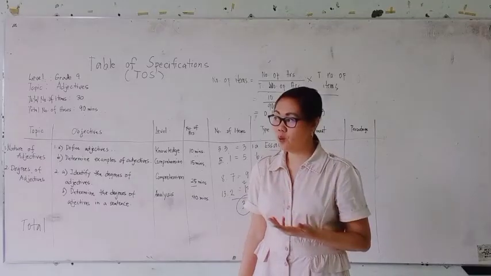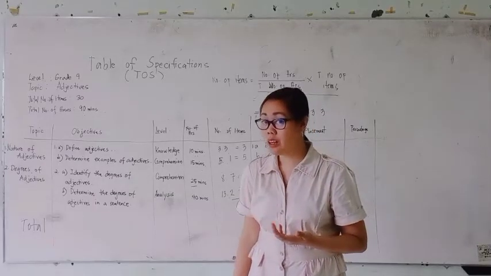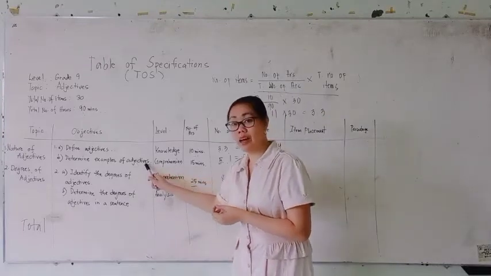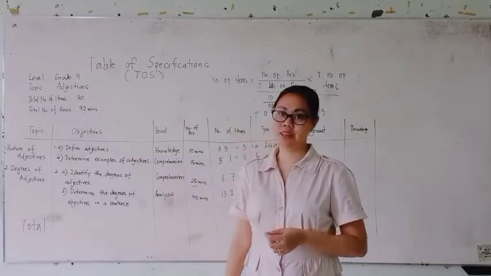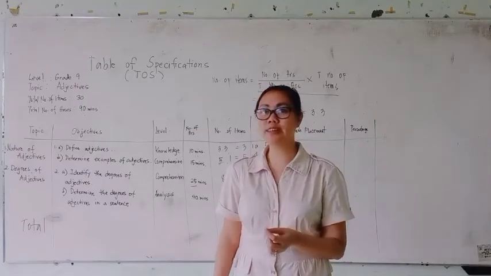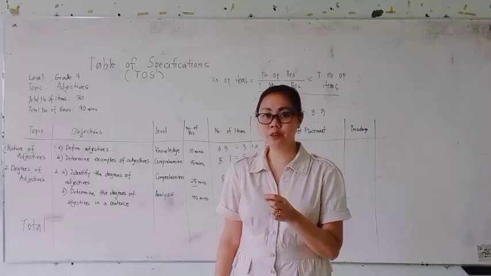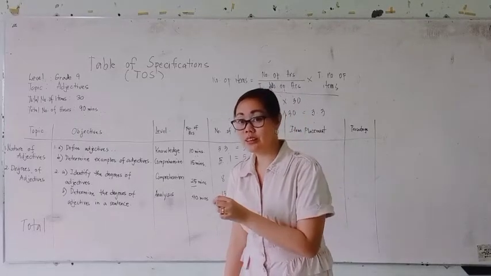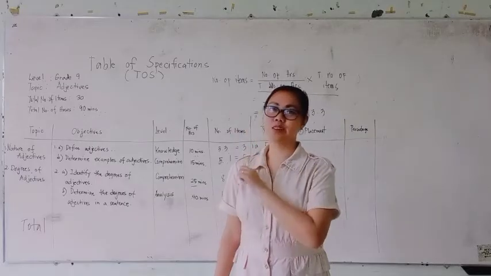Pwede ba ako na magpa-enumeration? Kapag in-enumerate nila, nakadetermine sila ng examples of adjectives? Yes, pwede rin. Okay? Pwede ba akong magpa-multiple choice? At sa multiple choice na yon, i-identify nila kung ano yung adjectives? Yes or no? Yes, pwede rin.